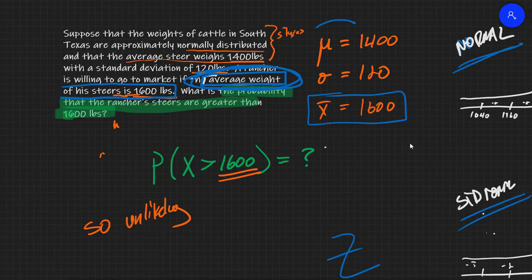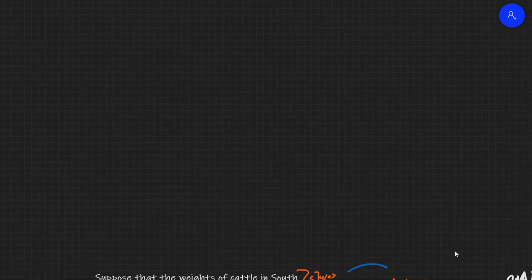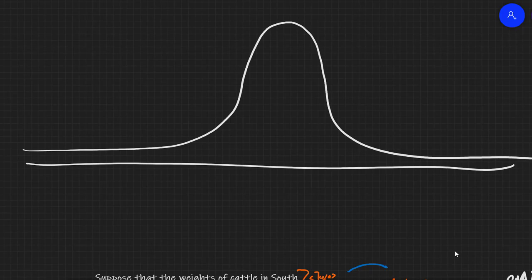And I want to talk a little bit about why that number came out so big. When you have a traditional normal distribution, and we talk about a single observation, we have a distribution that looks kind of like this. 1, 2, 3, -1, -2, -3. But when we have a sample distribution, that normal curve actually is a lot taller.